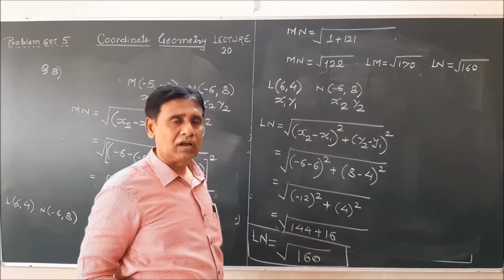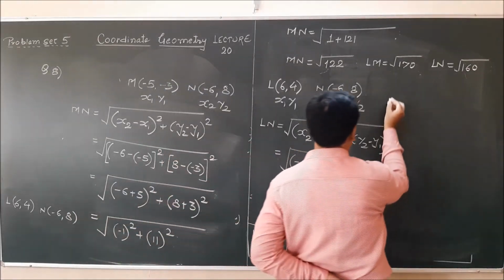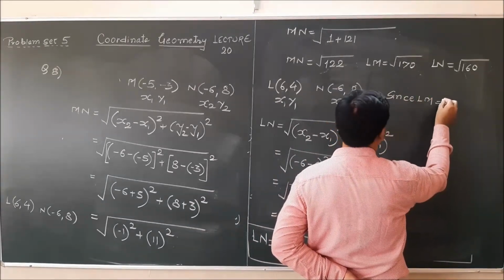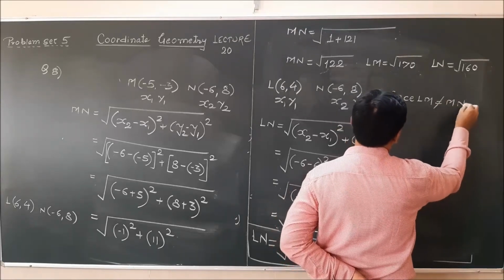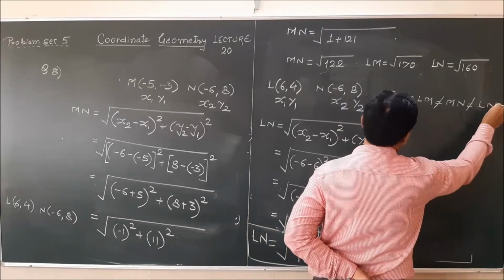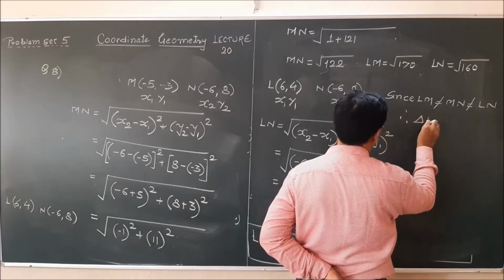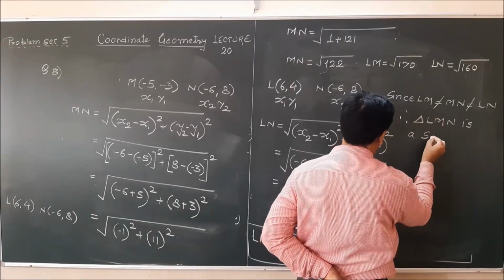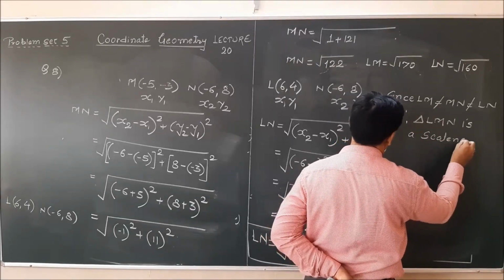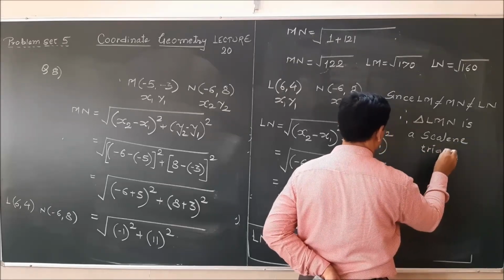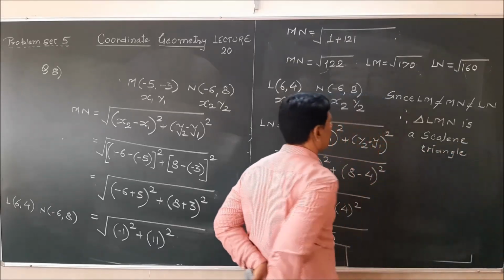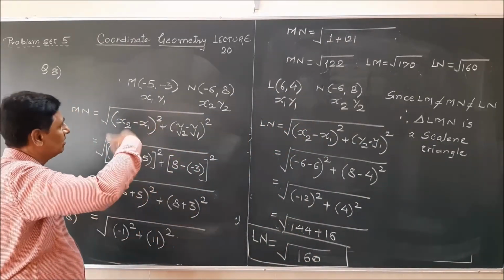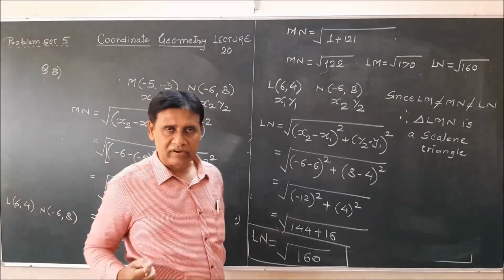Surely we can draw the conclusion that since LM is not equal to MN is not equal to LN, therefore triangle LMN is a scalene triangle, because you will find that all three sides are of different length.